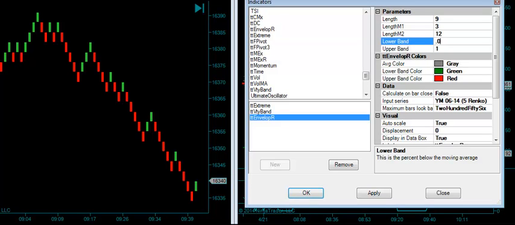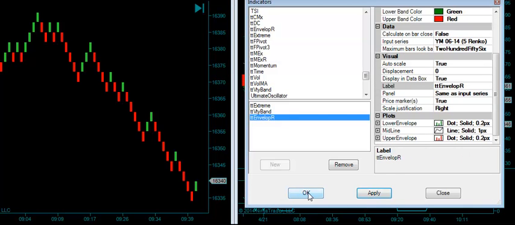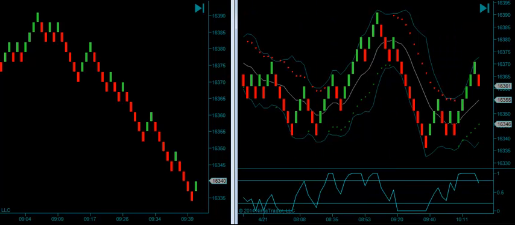So I'll do that. Hit apply and OK. And you are now looking at the 5-brick chart with the trading indicators that the system will use.